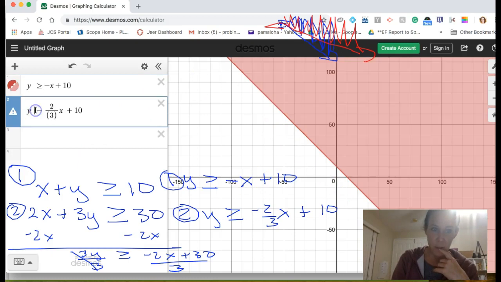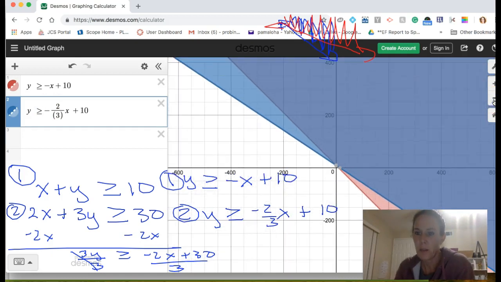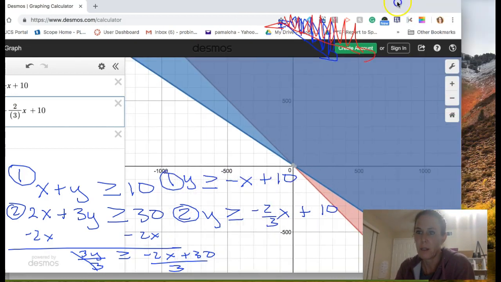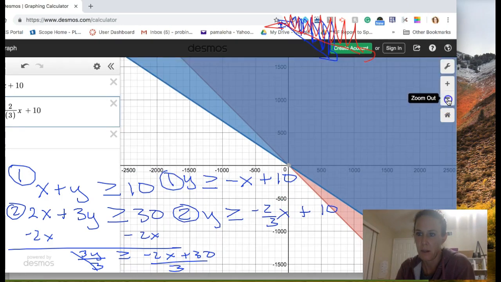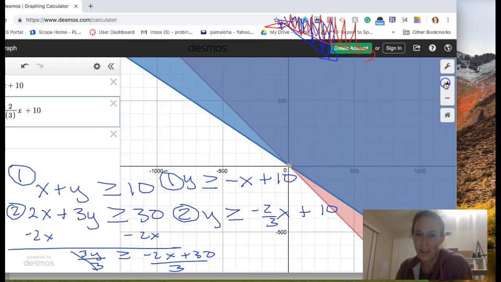And then this one I wanted y to be greater than or equal to, not the dotted, I need the equal to part to make it solid. Greater than or equal to. And then if I pan out a little bit, you guys can see. I'll keep zooming in, okay?